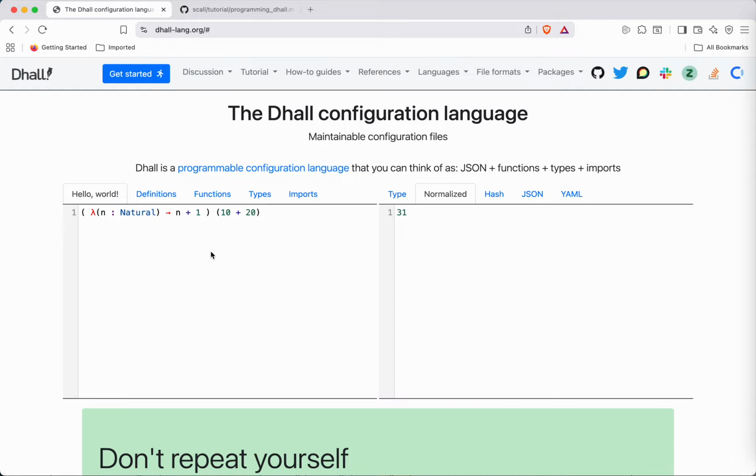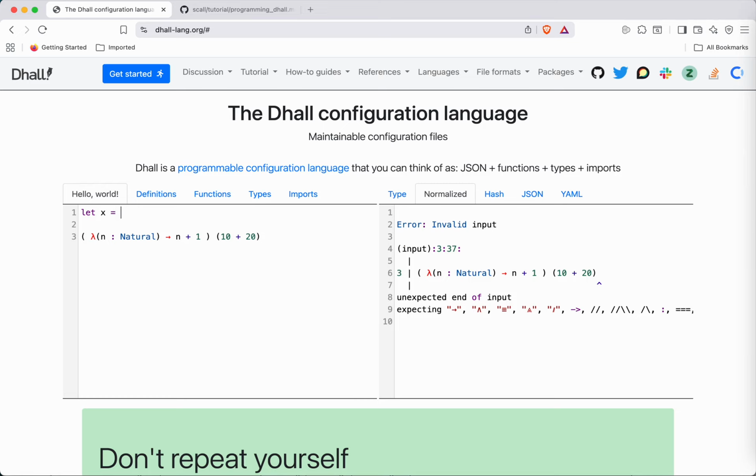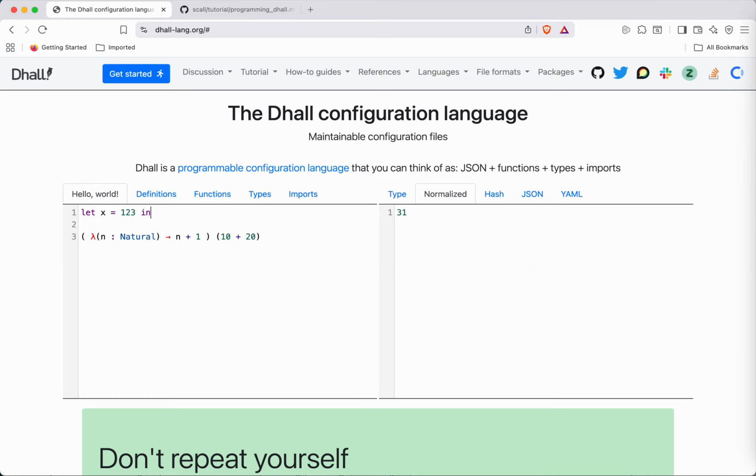And so in this lambda calculus, for example, you have syntax like this.